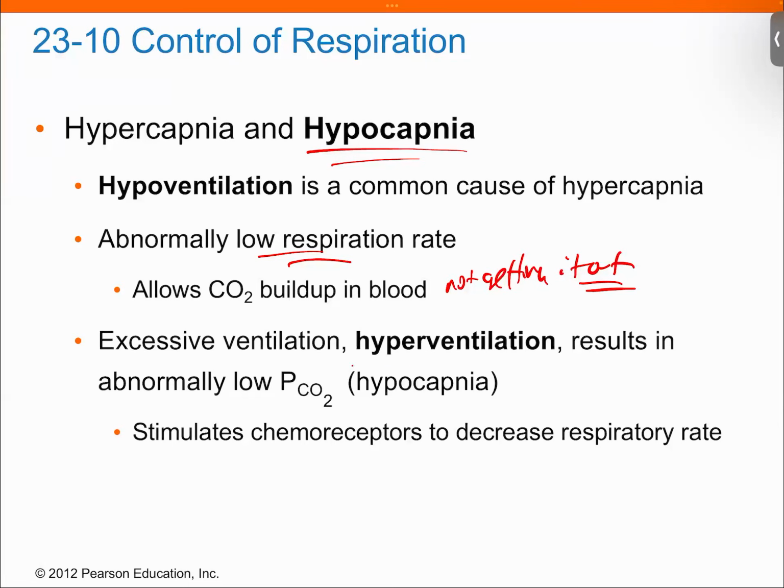CO2. If you hyperventilate, that means you're breathing too fast. It's an abnormally high respiratory rate. Then you're going to get hypocapnic. Why? Because you're basically pushing out a lot of CO2. You're getting all that CO2 out, but it gets a little on the lowish side, so that becomes hypocapnic usually.